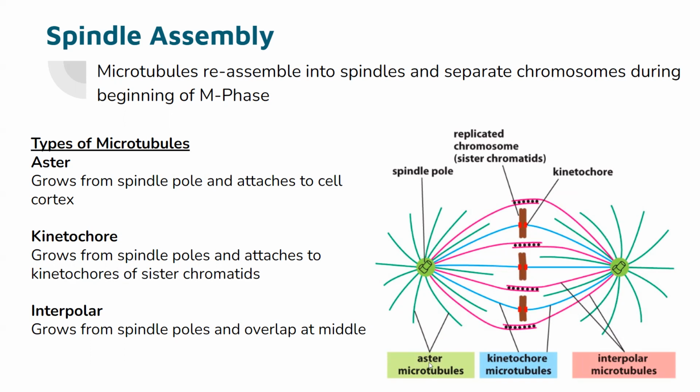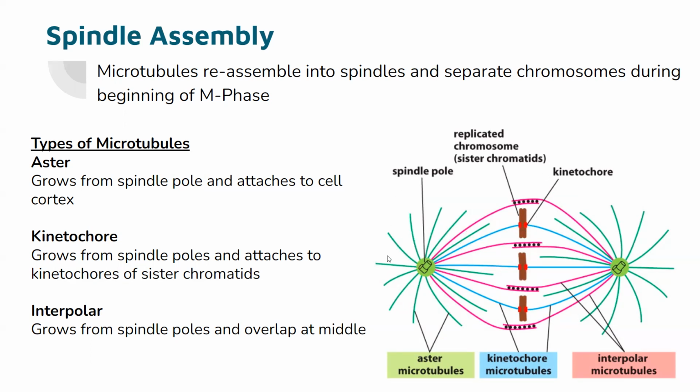The first type we'll talk about is aster microtubules, and they're the ones that are connected to the cell cortex, which is basically the cell membrane out here. And then they're connected to the spindle poles, and they're going to help keep tension, pulling apart these chromosomes.